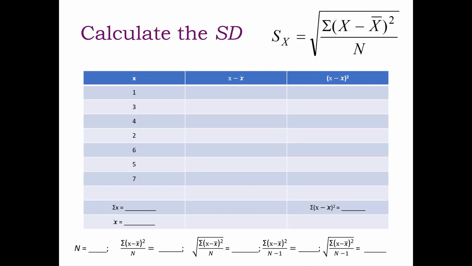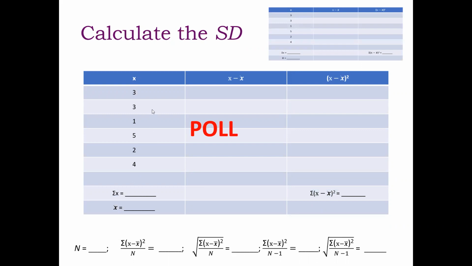If you need the sample standard deviation, as you will in chapter topic 5 or something, you have to calculate it. All right. Okay, so here's another example, which I suggest you do. All right, pause right now, do this example, and then come back and we'll show the answers.